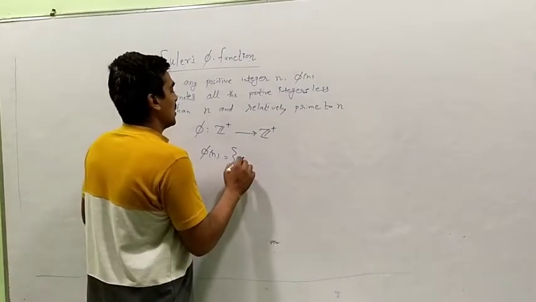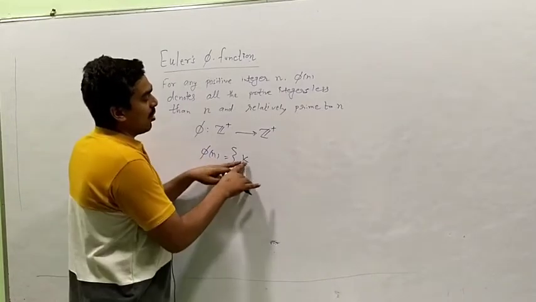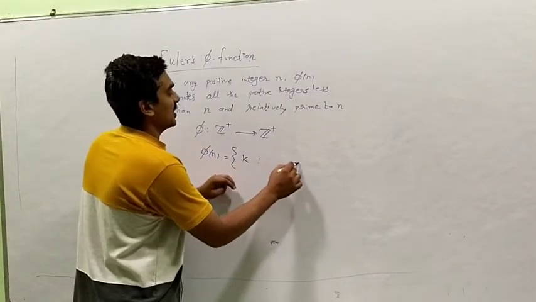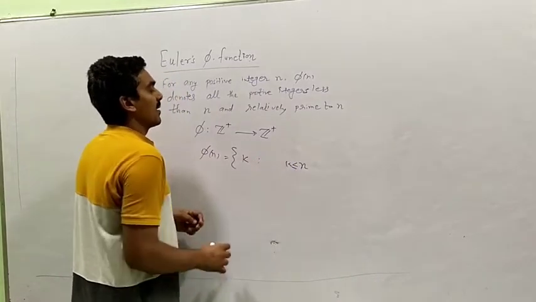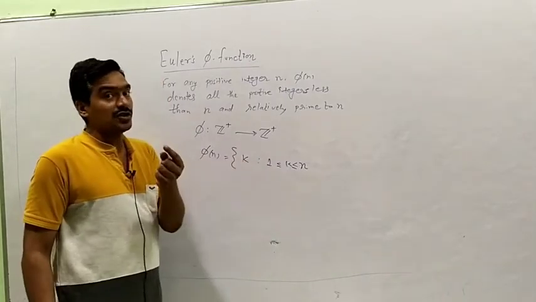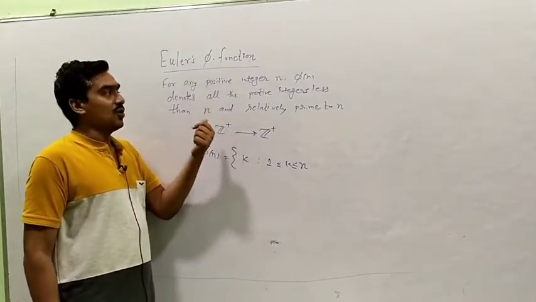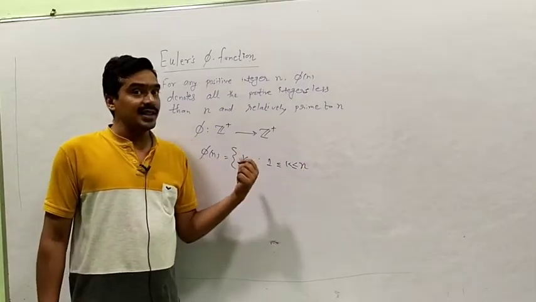This set contains all those integers which are less than or equal to n and greater than or equal to 1, because k is a positive integer according to the definition. Phi n contains only positive integers which are less than n.